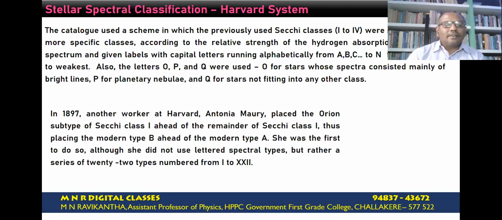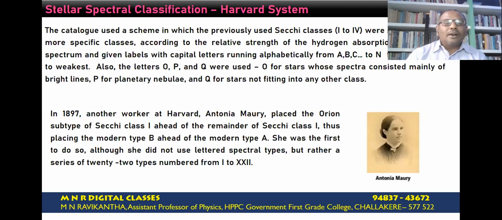In 1897, another worker at the Harvard Observatory, Antonia Maury, placed the RN subtype of Secchi class 1 ahead of the remainder of Secchi class 1, thus placing the modern type B ahead of modern type A. She was the first to do so, although she did not use the lettered spectral types, but rather a series of 20 types numbered from 1 to 22.